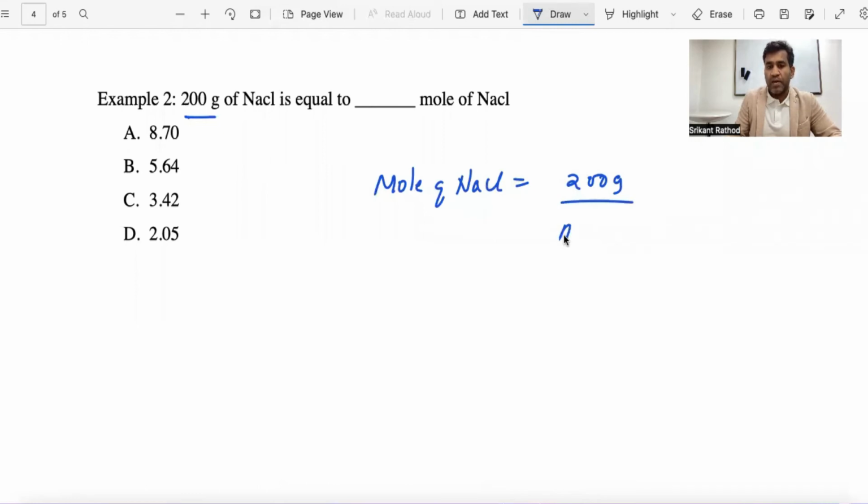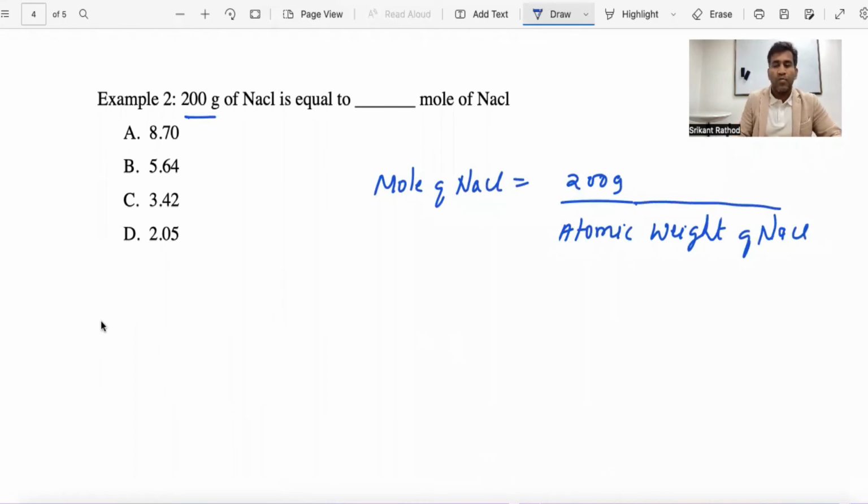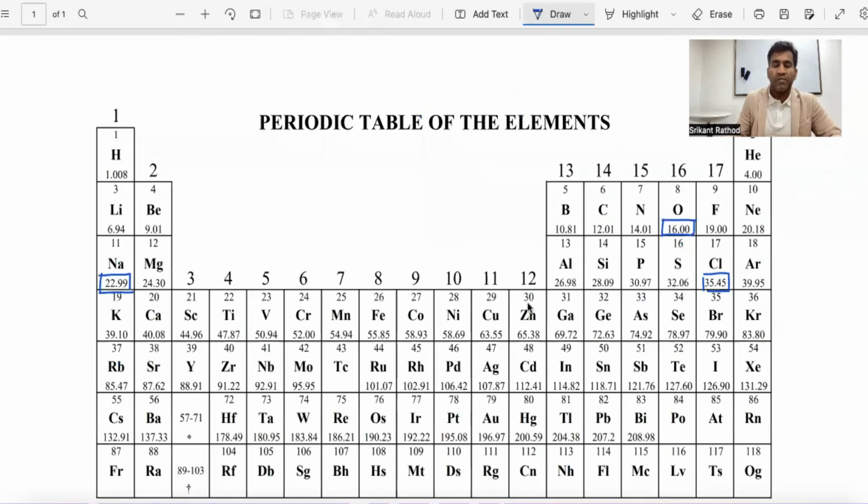So I can say the atomic weight of NaCl, the atomic weight of sodium chloride. We just need to calculate the atomic weight of NaCl. How do we calculate that? By referring to the periodic table. As we know, NaCl has 1 atom of sodium and 1 atom of chlorine. So what is the atomic weight of sodium?